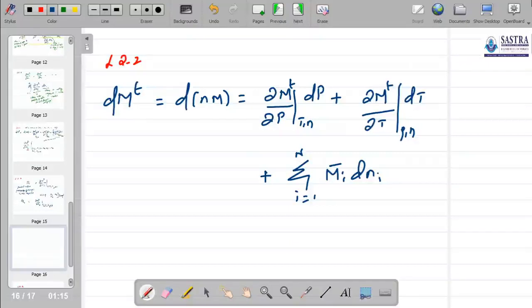So this is how we represent the property change in a solution.